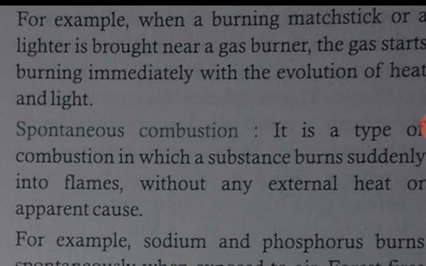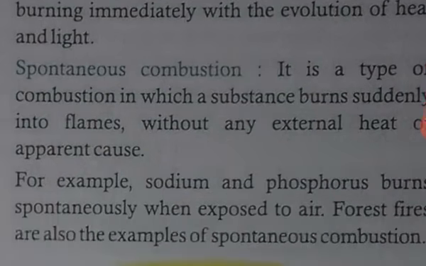Combustion at room temperature without giving external heat is called spontaneous combustion. I repeat, it is a type of combustion in which a substance burns suddenly into flames without any external heat or apparent cause.